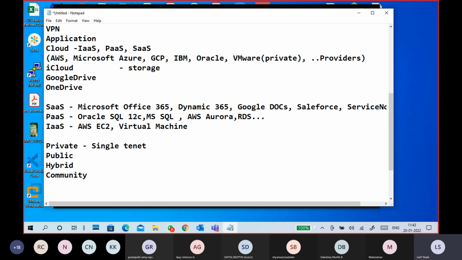Single tenant means the owner and the tenant are the same. I build my own house and I stay there only, so no other rented person is there.